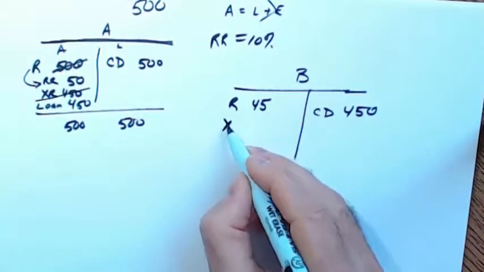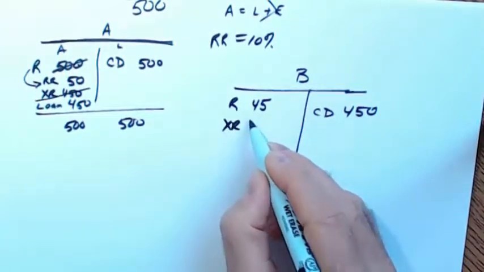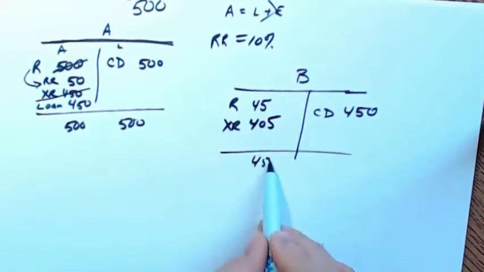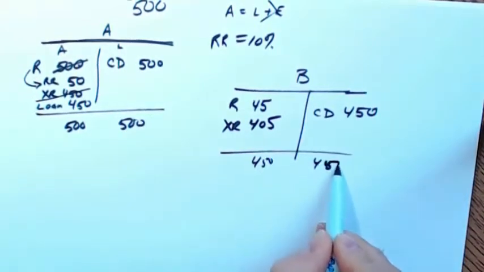And then they're going to have excess reserves of $405. And so notice we balance, 450, 450.